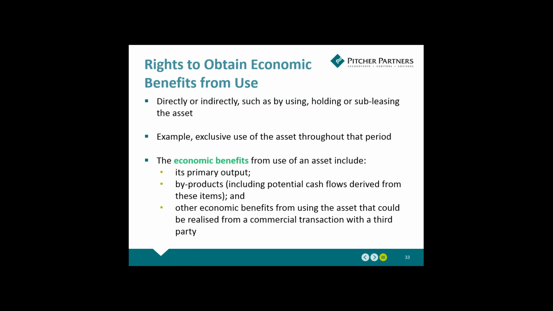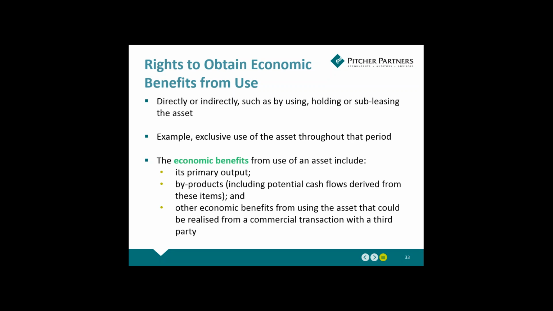And then they give us some examples of what economic benefits from use could be. It could be the primary output. So if you're leasing a machine and you're manufacturing goods, that's a primary output. It could be byproducts, including potential cash flows derived from these items.